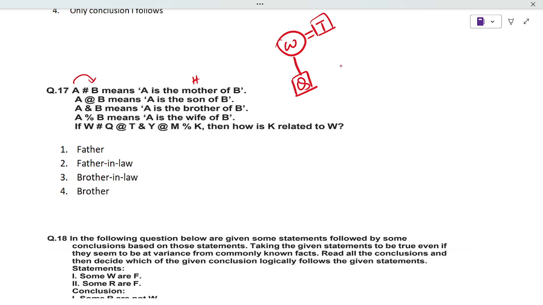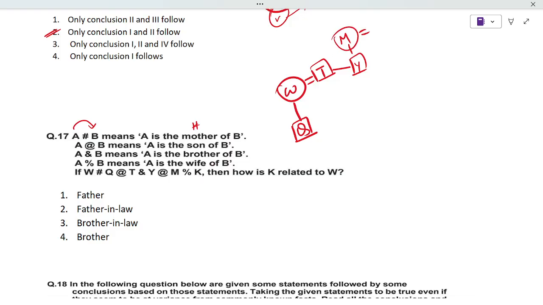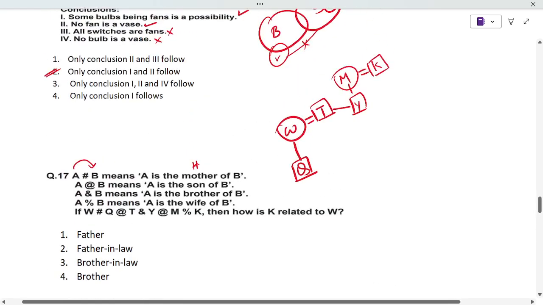So D is brother of Y. And @ means son. So Y is son of M. And M person. M is what? Wife of K. So M is wife, means female, of K. This becomes male. So how is K related to W?